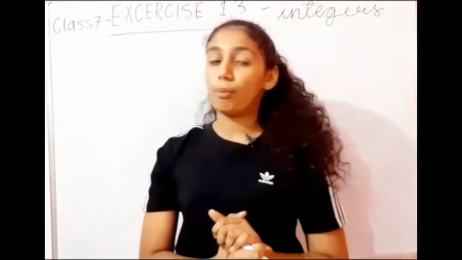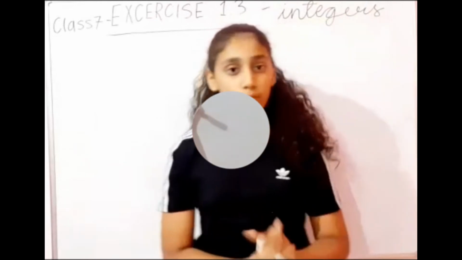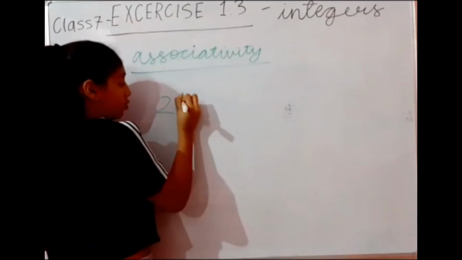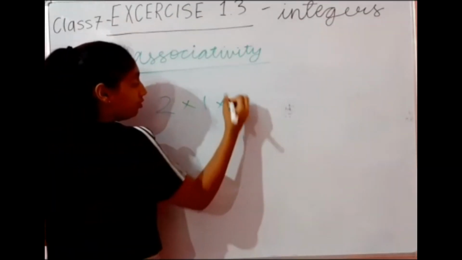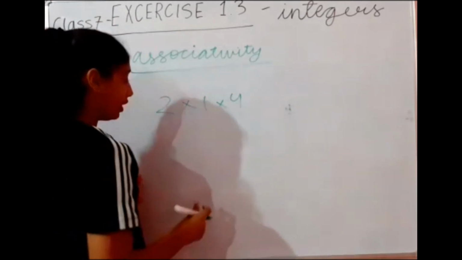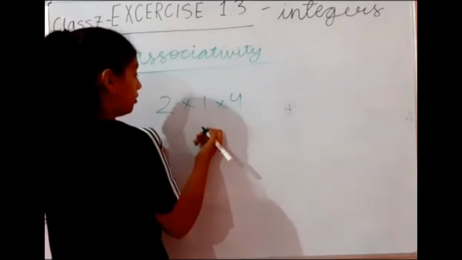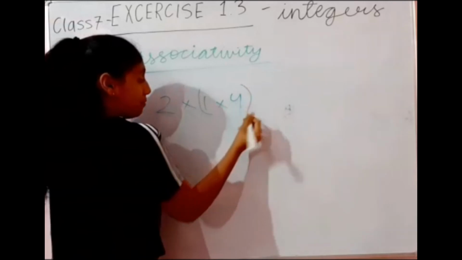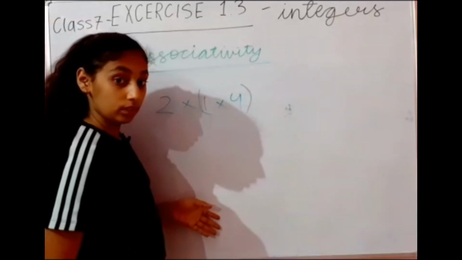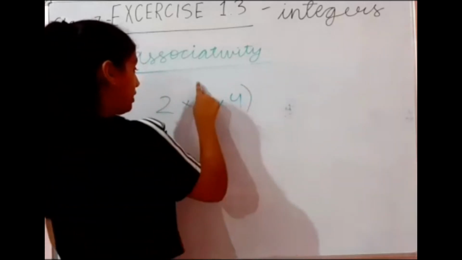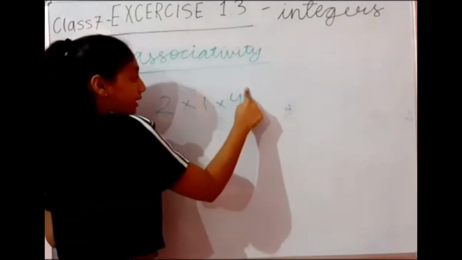So the next property is the associativity of multiplication. Now I have 2 into 1 into 4. Now over here I can batch 1 and 4. If we have a really long equation, then we use batching.